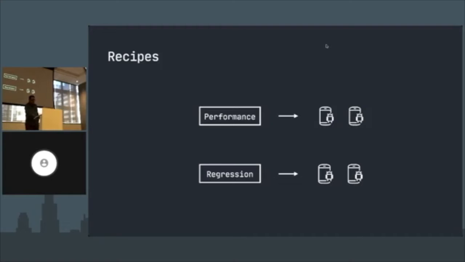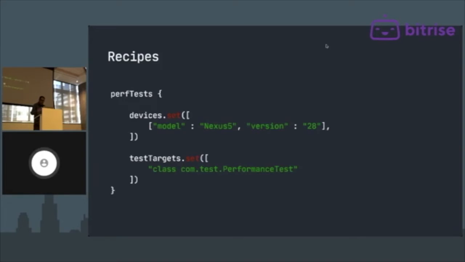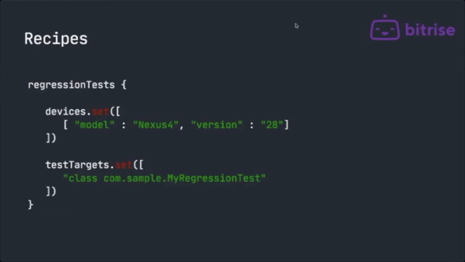Suppose I want to run my regression tests on a set of devices and run my performance tests on another set. And I could group things together with Fladle like this. For example, this was for running your performance tests, and this is for running your regression tests. So Fladle is a great way, if you want to run a Gradle task, to have a Gradle wrapper around Flank.